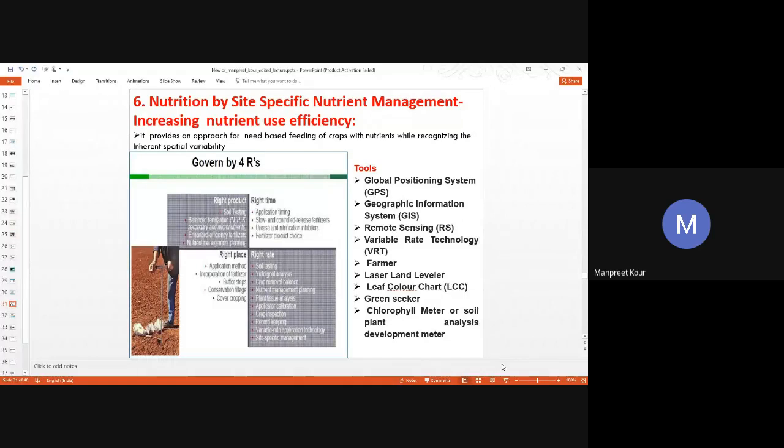Different tools are used in site-specific nutrient management, because SSNM now comes under precision agriculture, where we have to be precise about things.